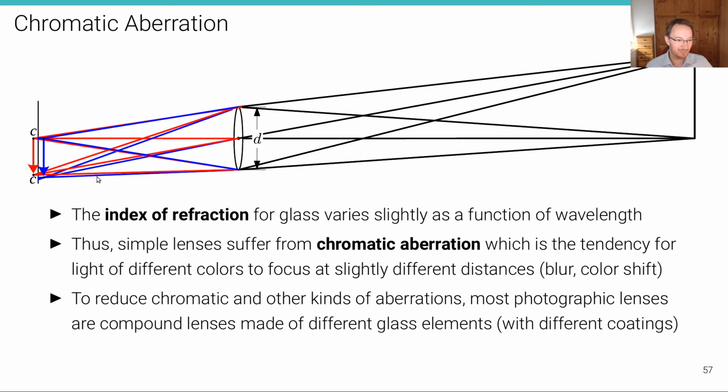For this point here, we have an effect of blur and color shift because neither of these red and blue wavelengths is focused on the image plane, and both of them arrive at the image plane with a circle of confusion, but at different locations on the image plane. And this color shift is something that you can actually observe when you look closely at images that you have taken, in particular in the border regions of wide-angle lens images.